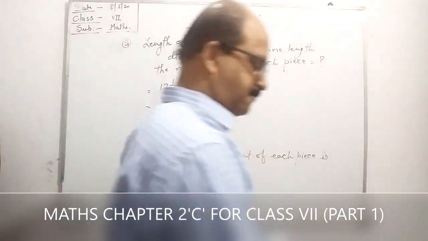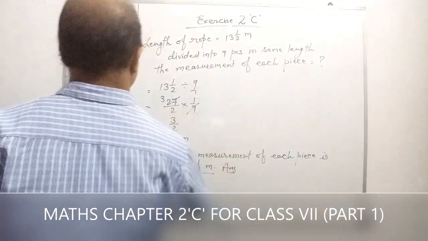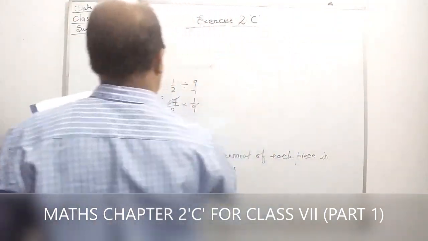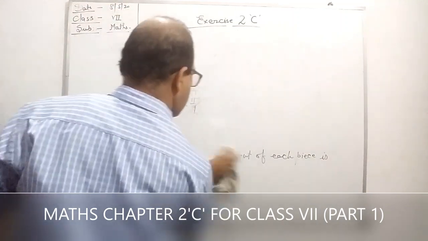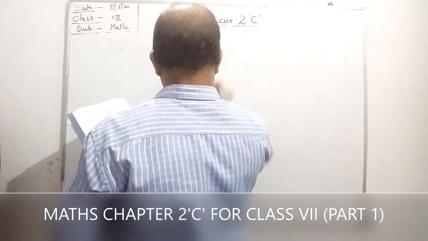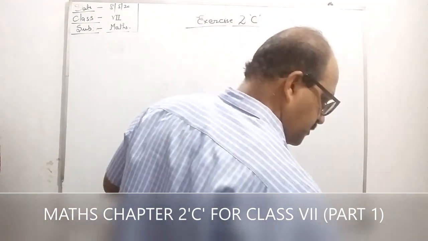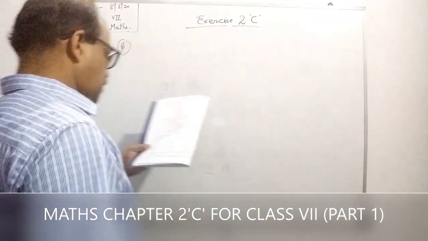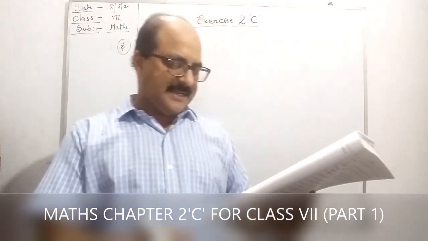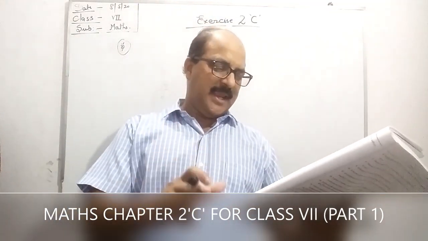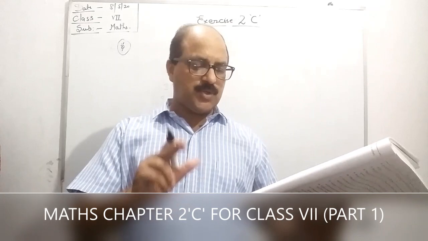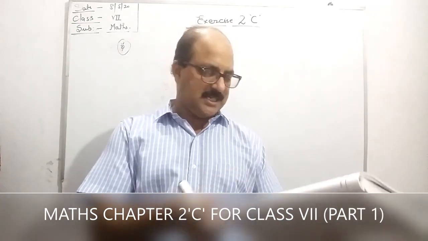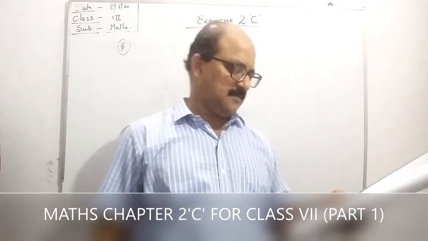And the last one, question number 5. Question number 5 says: 18 boxes of nails weigh equally and their total weight is 49 whole 1 by 2 kg. How much does each box weigh?